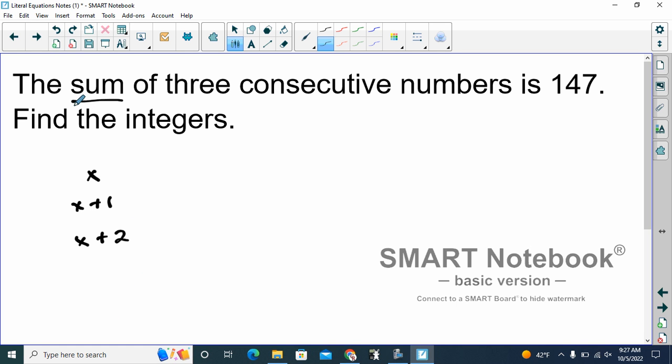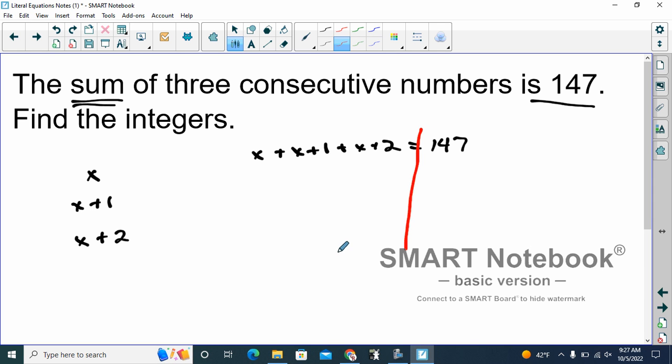It says I need to find the sum, so I add them up. And it says it is equal to 147. Now we have an equation that we can solve. x plus x plus x, that's 3x. 1 plus 2 gives us 3.